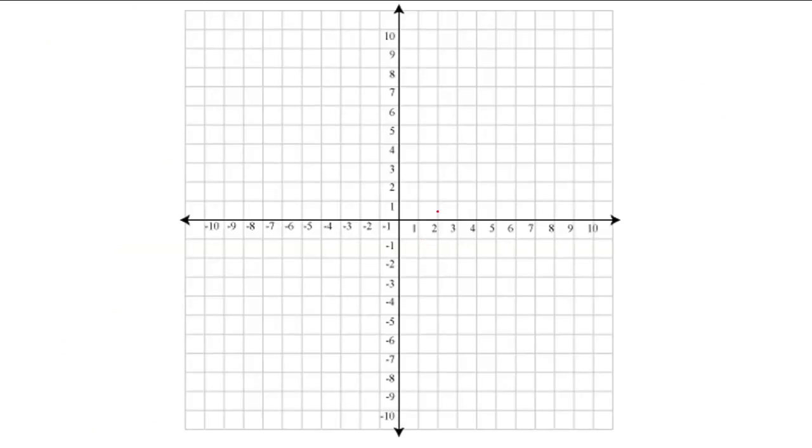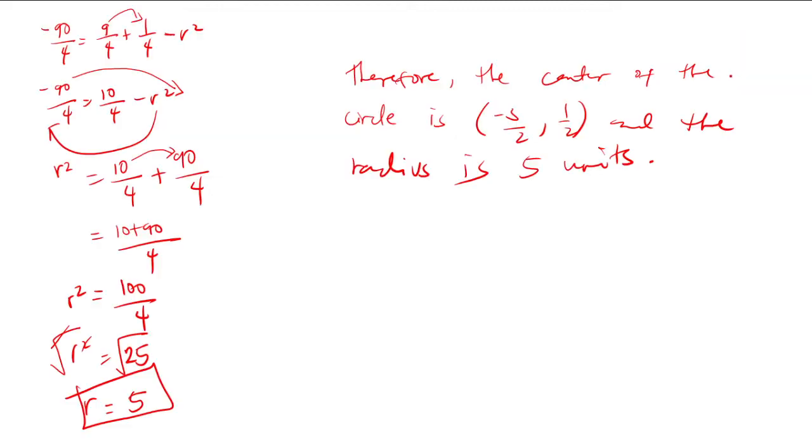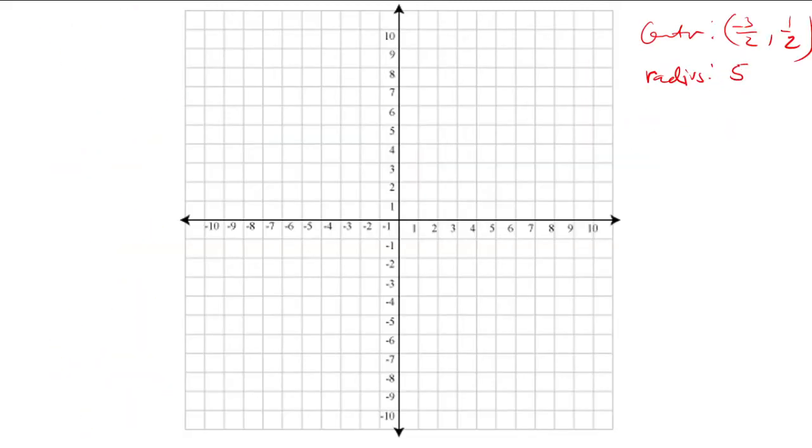Next mo niyan, i-graph mo naman. So, center negative 3 over 2, tapos 1 half. Tapos, ang radius mo ay, ilan ba? 5 units? 5. Okay, negative 3 over 2, para mas madali, gawin natin siyang decimal. So, 3 divided by 2 is 1.5.